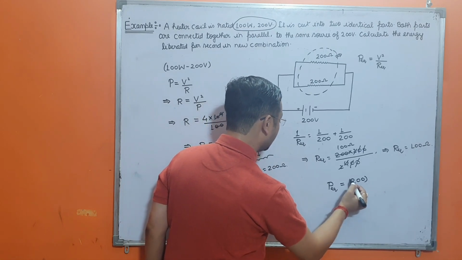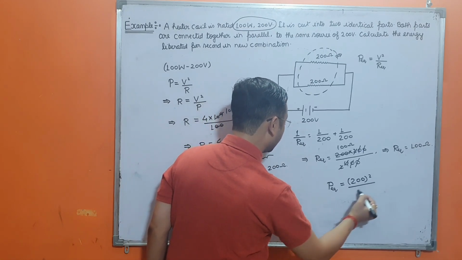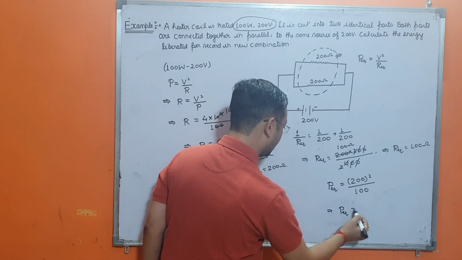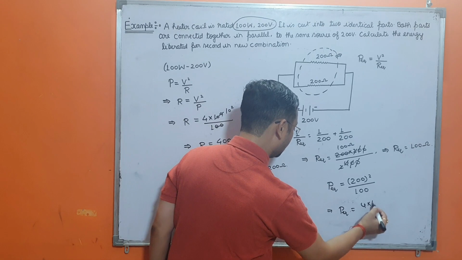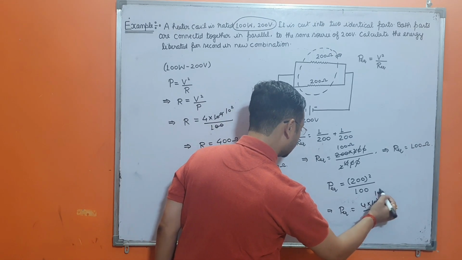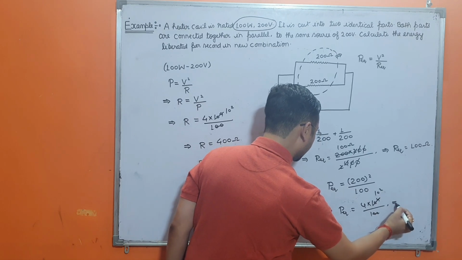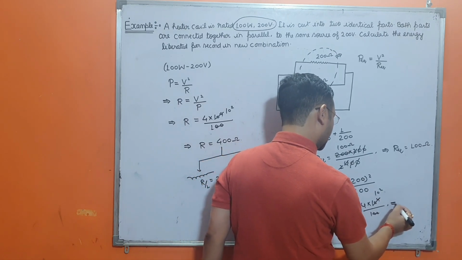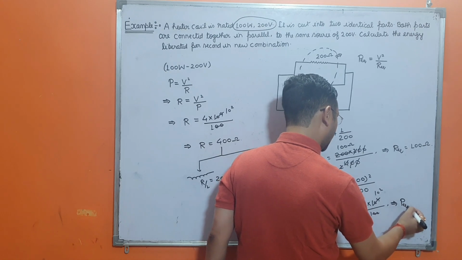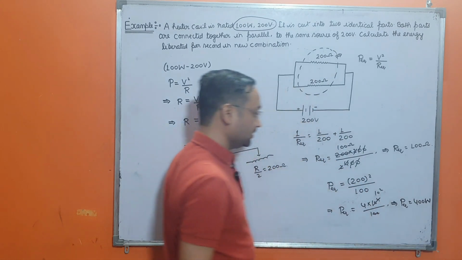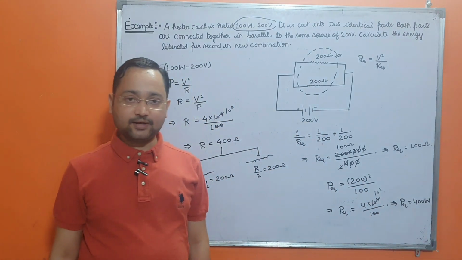It is 200 square divided by R equivalent, that is 100, and P equivalent equals 4 into 10 to the power 4 divided by 100. These two zeros get cancelled, and this implies that the power of the circuit, that is P equivalent, is equal to 400 watt. This is the equivalent power.